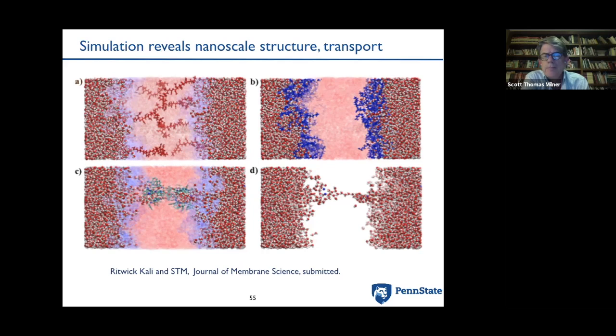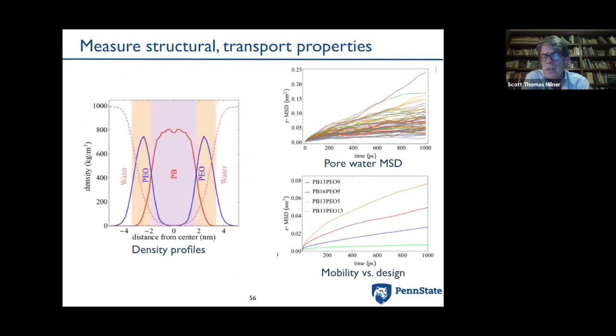And so what he's been doing, just to give a tiny little taste, is to measure things like the density profiles of the different components to get a sense of the structure of this thing, and that is done using a very similar approach to what was indicated yesterday of looking at the density profile of a water membrane, a water slab.